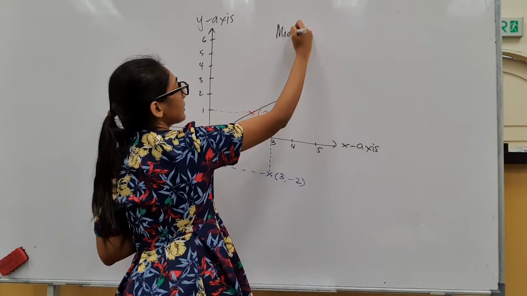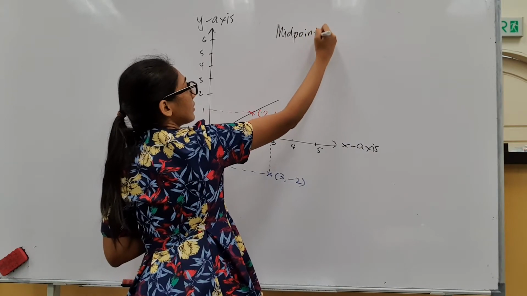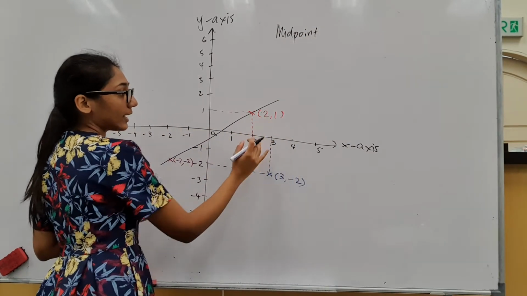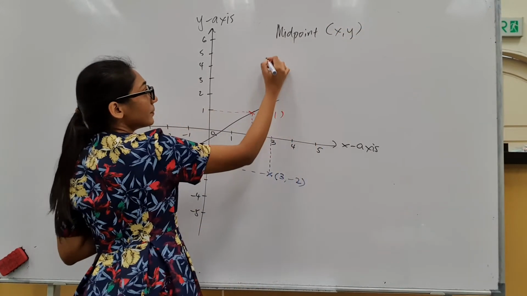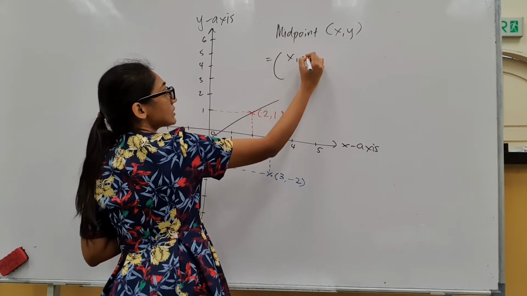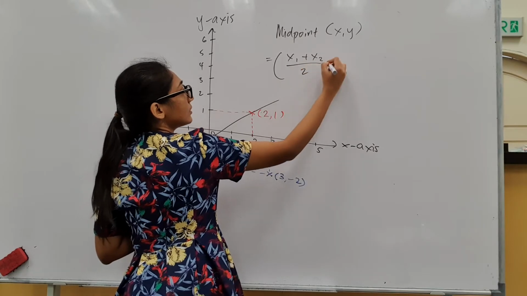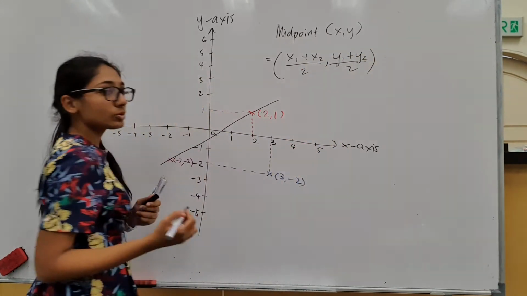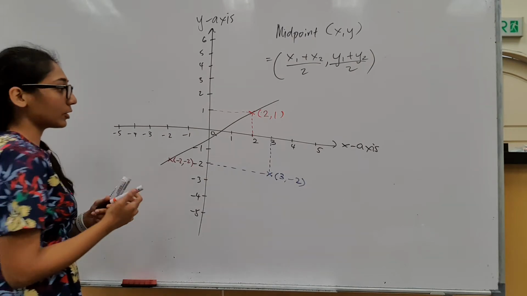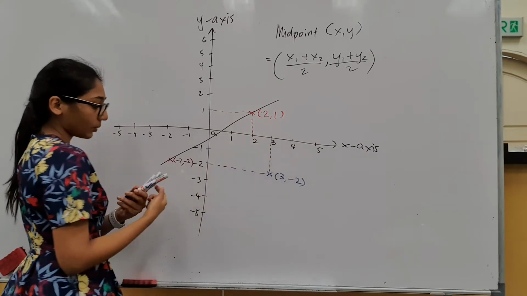Okay, to calculate the midpoint, the midpoint is also a coordinate like this. I have an x value and a y value. So I use this formula. Okay, I must use 2 points to find the midpoint. So I choose this point and this point.